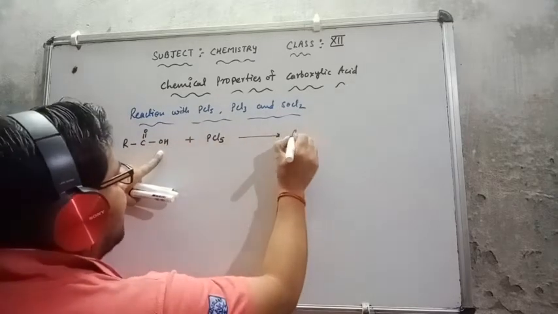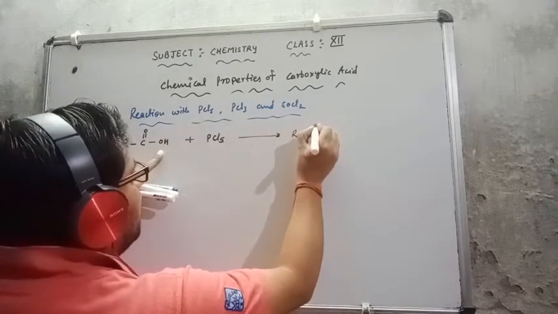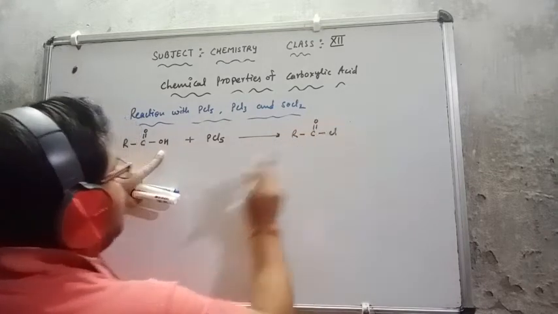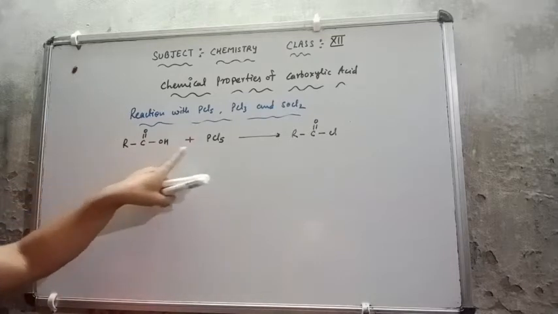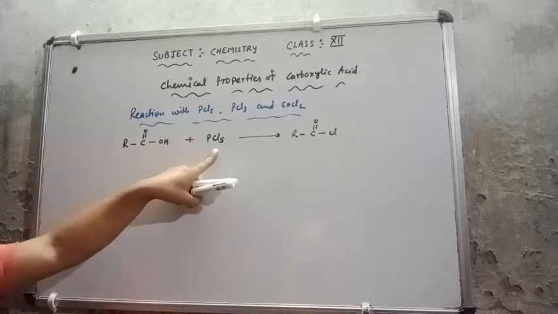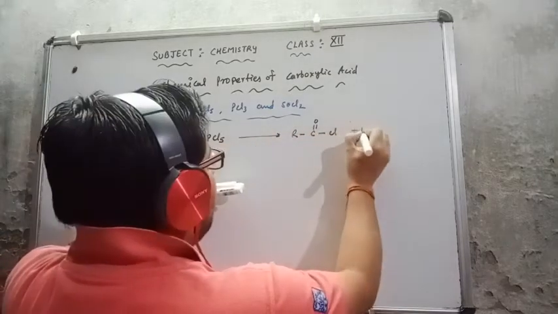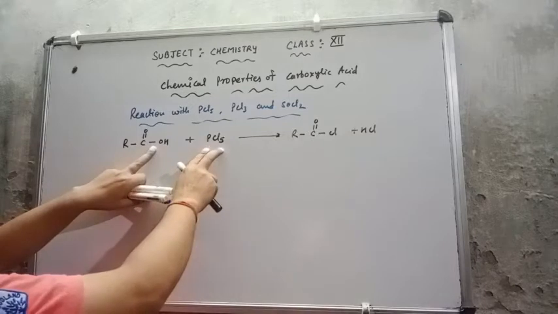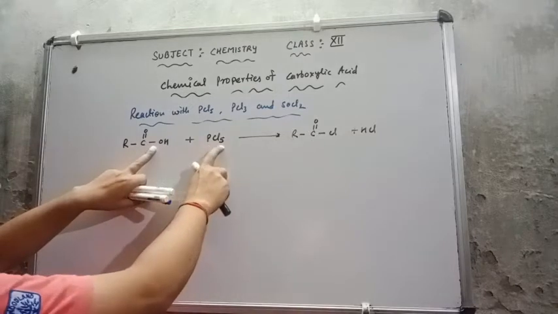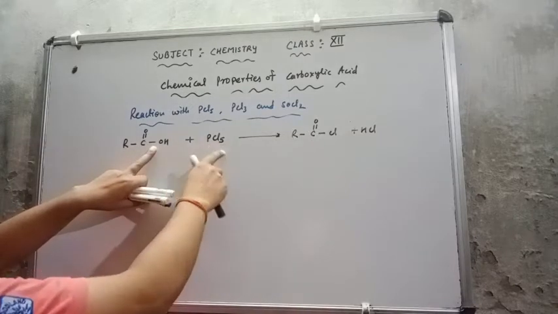So I am getting here R single bond C double bond O single bond Cl. Now the H is reacted with Cl, it will give us HCl. This is HCl, and one O is left and here PCl3 is left. So PCl3 and O, this is POCl3.